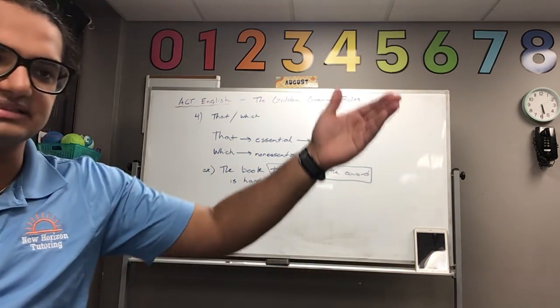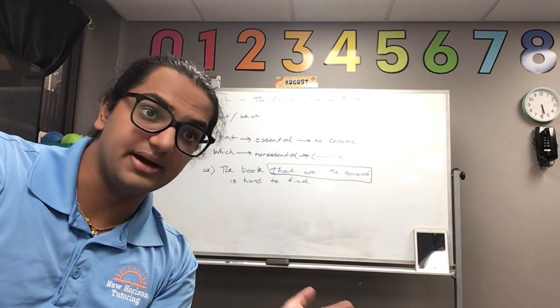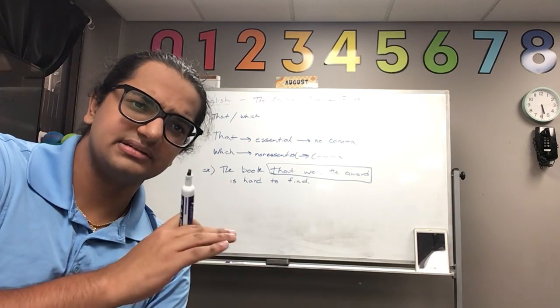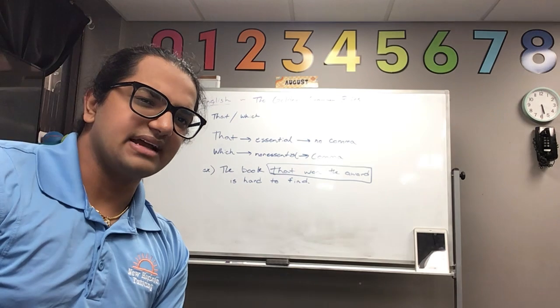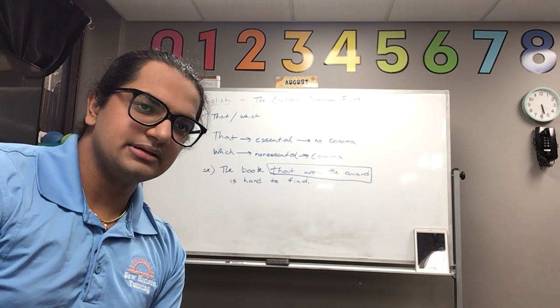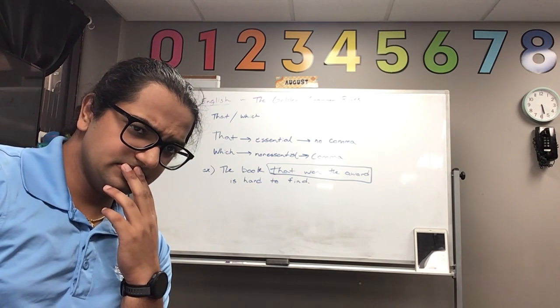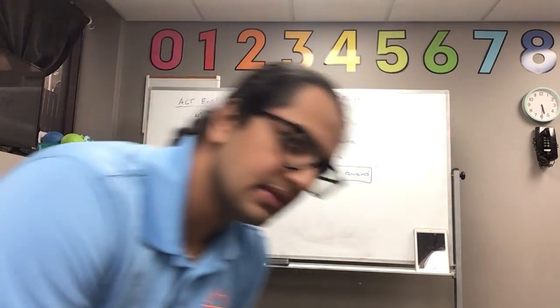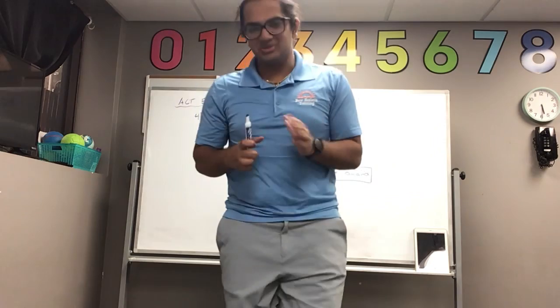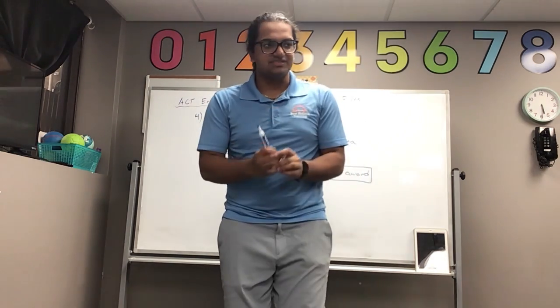It's actually describing what book you're talking about. Does that make sense so far? So this clause is essential. Is that clear? Okay. I know this is hard to follow, but this rule is very confusing. Okay, that is for essential.